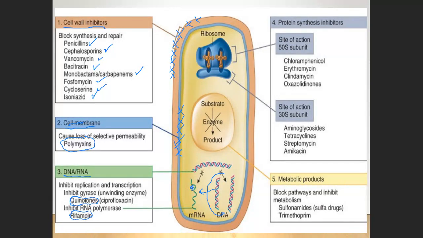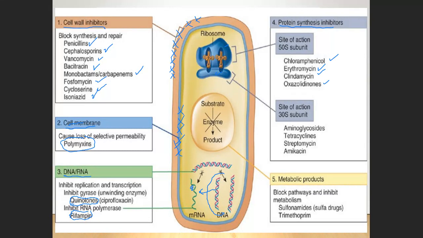There are also drugs that have their target on protein synthesis. Remember, protein is made by the ribosome, and the ribosome actually has two subunits, the large subunit and the small subunit. So there are specific drugs that only work on the large subunit, like chloramphenicol, erythromycin, clindamycin, and oxazolidinones.